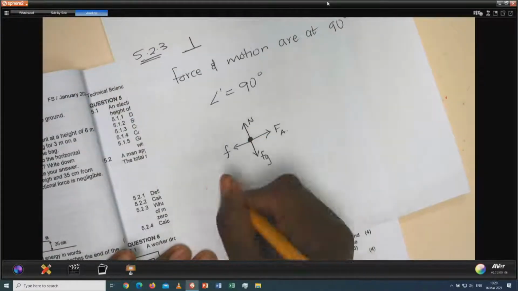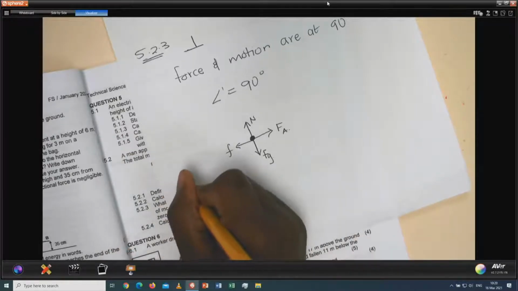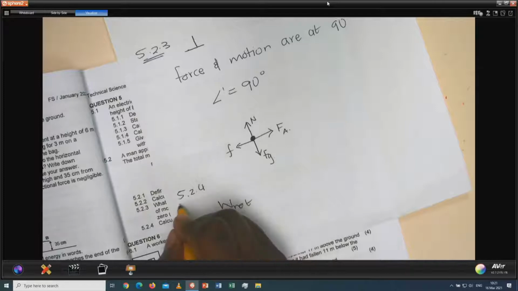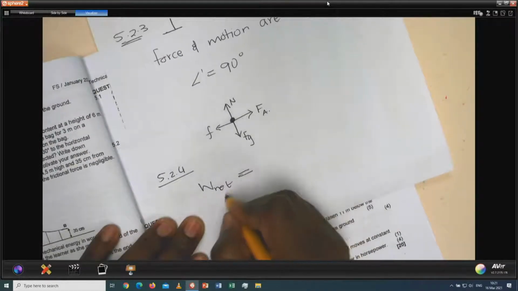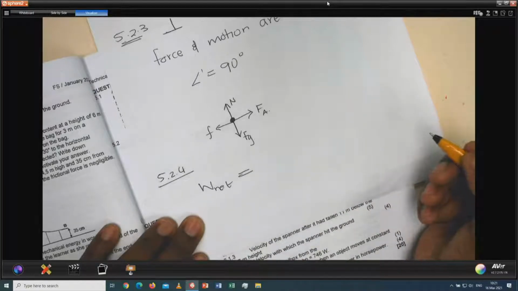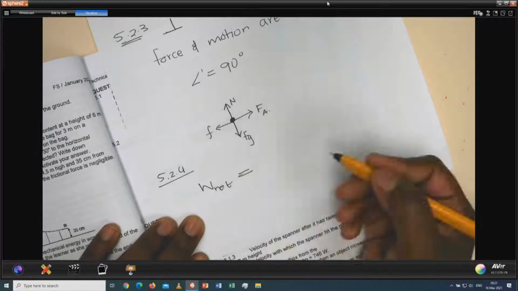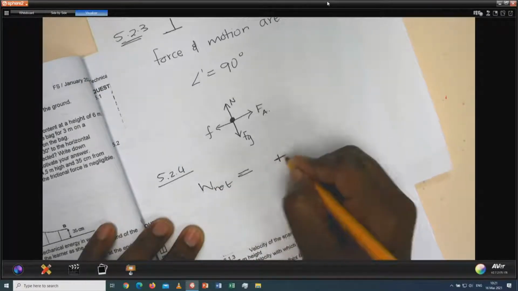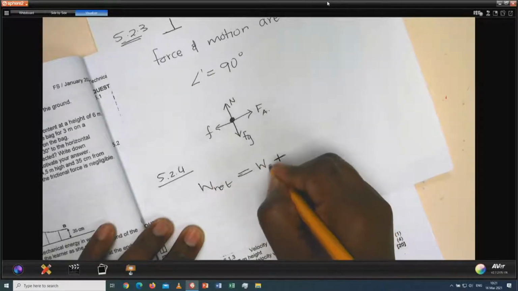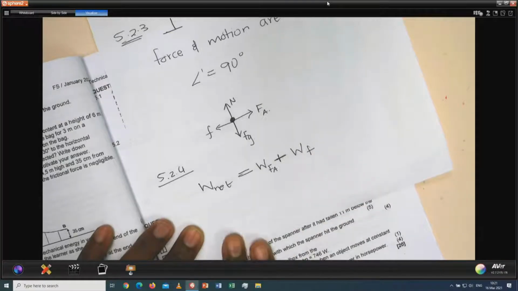And then we write the formula. We want work net. This is 5.2.4. Work net. I said net is sum of. Work net, sum of work done. So it's the sum of work done by the applied force and the sum of work done by the frictional force.